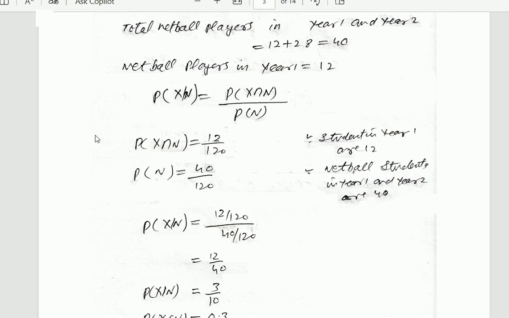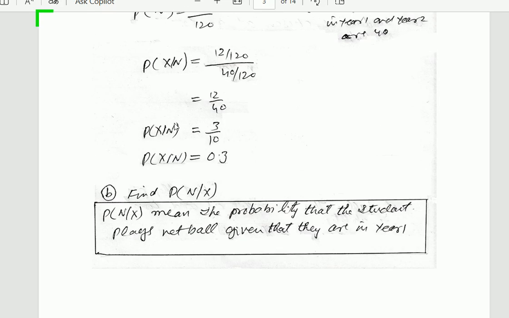Moreover, for P of N, netball students in year 1 and year 2 are 40. So P of N equals 40 over 120. By putting the values of P of X intersection N and P of N, after simplification, we get P of X given N equal to 0.3.